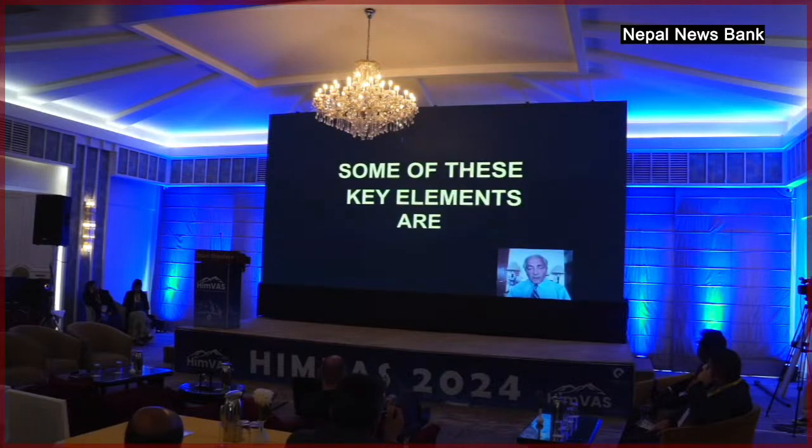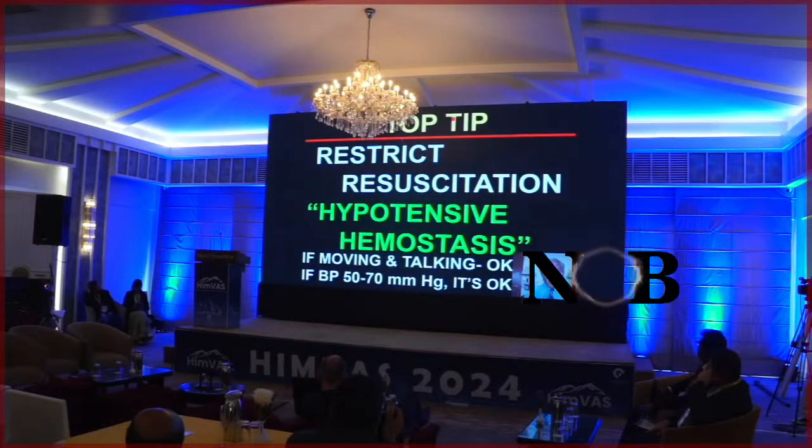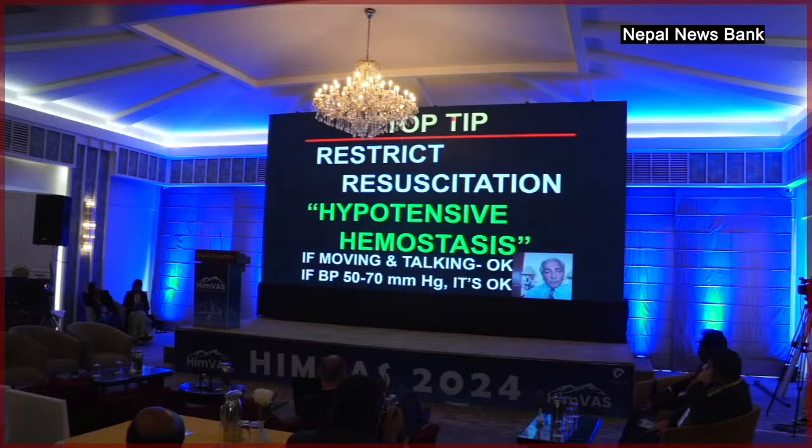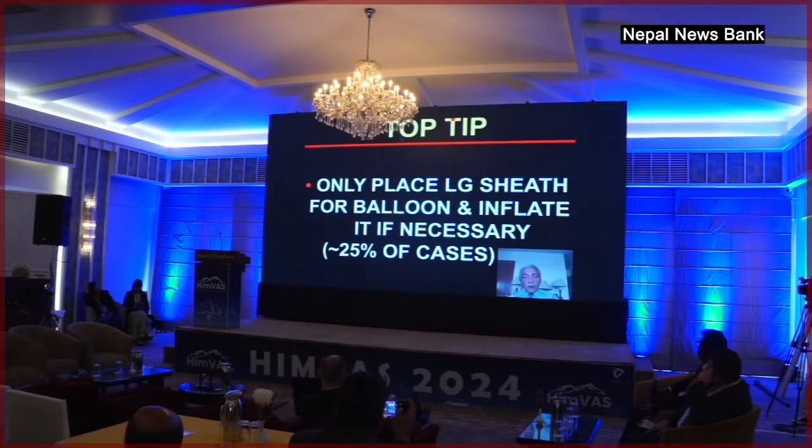Some of these key elements are to restrict resuscitation. We called it hypotensive hemostasis. We only place the large sheath for the balloon and inflate the balloon if it's absolutely necessary, that is if the patient crashes, and that is only so in about 25% of cases.